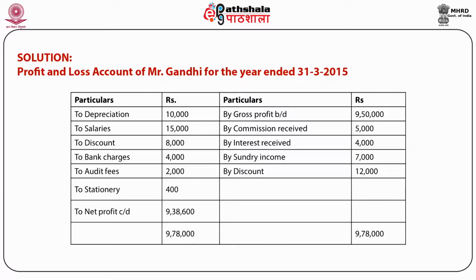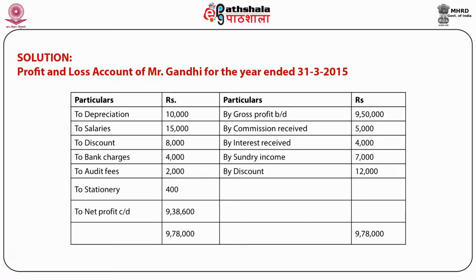Whereas incomes such as commission received, interest received, sundry income and discount received are shown on the credit side of the profit and loss account. After showing these items, we have to compare the total of debit side with the total of credit side.